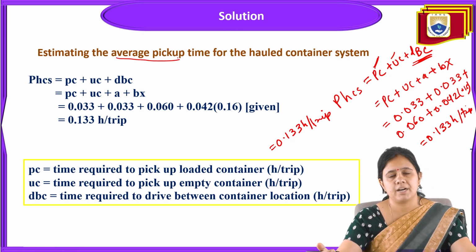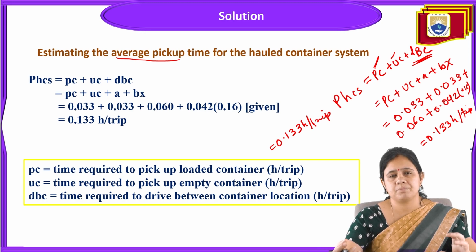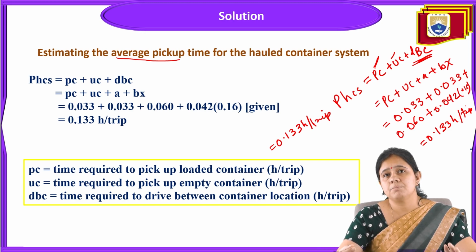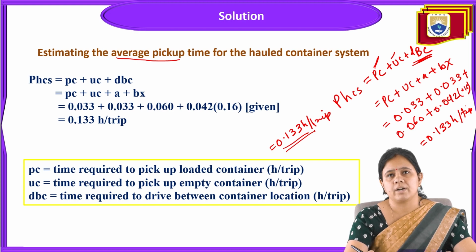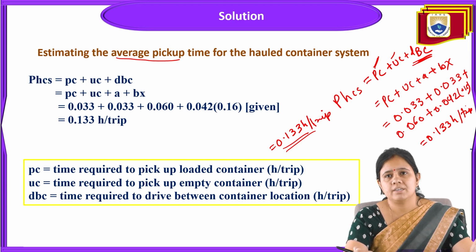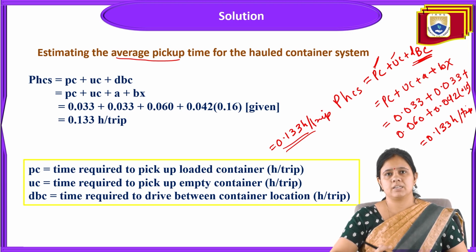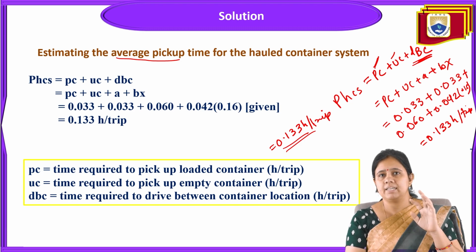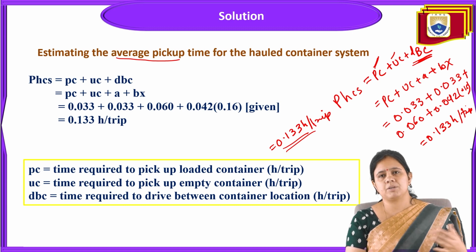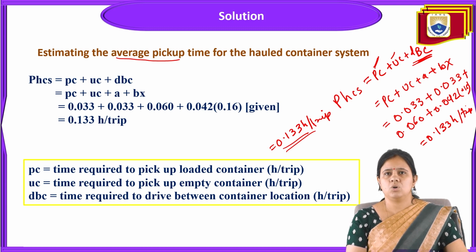In the first part we calculated how many trips are required. Next, the average pickup time is required. So the average pickup time is 0.133 hours per trip. As we have already discussed, PC is the total time required to pick up the loaded container, UC is the time required to pick up the empty container, and DBC is the total time required to drive between the container locations.